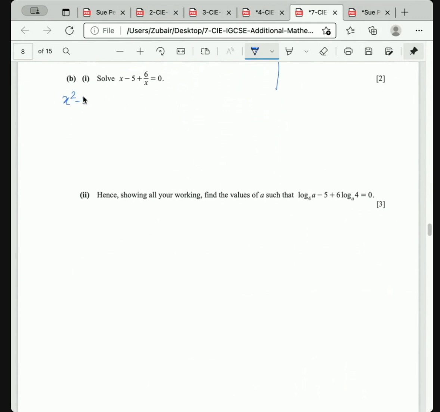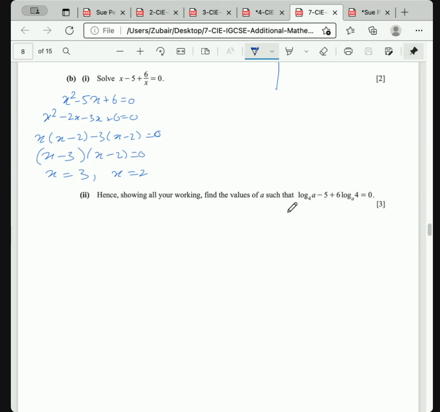That's x squared minus 5x plus 6 equals 0. So it has to be 2 and 3. x squared minus 2x minus 3x plus 6 equals 0. x common, x minus 2, minus 3 times x minus 2, so x minus 3 into x minus 2, x equals 3 and x equals 2.